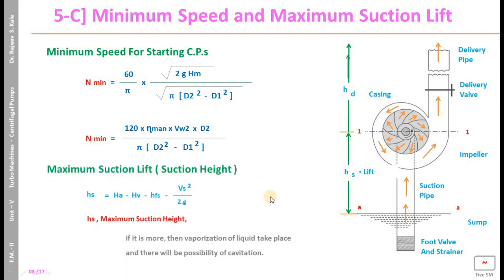Similarly, one can estimate the maximum suction lift that a particular pump can lift the water. If you don't take this into account, there is a chance of vapor formation. Cavitation will cause the damage of pumps. So this much is the maximum suction height. You can estimate the maximum suction lift for a particular pump.